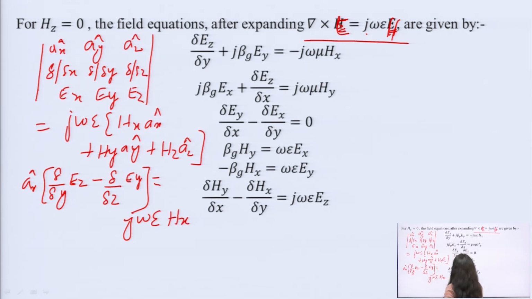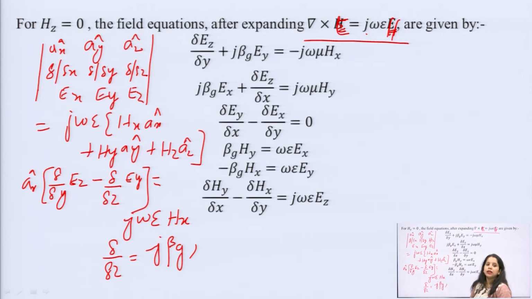In this way, after that we will substitute del upon del z is equal to minus j beta z, and since it is our TM mode, the z component of the magnetic field will be 0, Hz equal to 0.